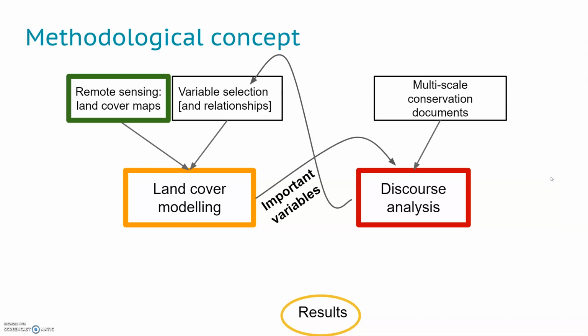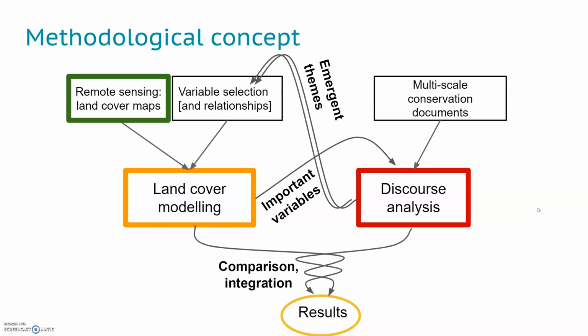And then the variables that come out of land cover modeling as being significant then help us refine our discourse analysis, which helps us develop this idea of emergent themes and relationships between variables, which again feeds into another round of land cover modeling. And then we bring all of that together and compare the different models and interpret and integrate the different methodologies in order to get a better understanding of what's going on.